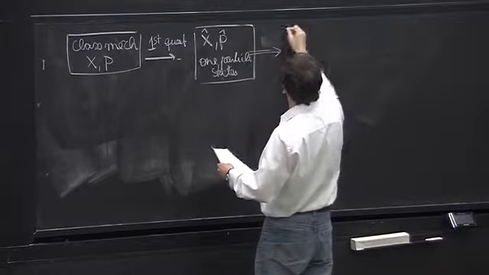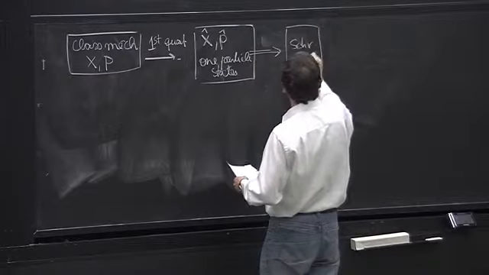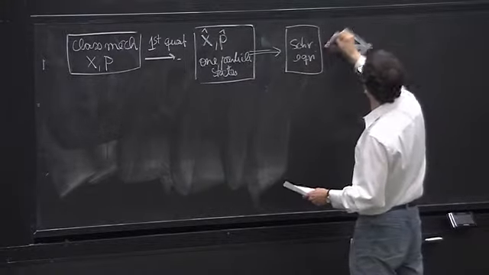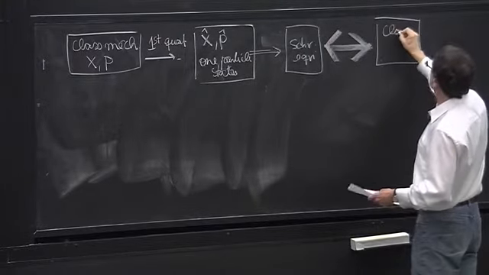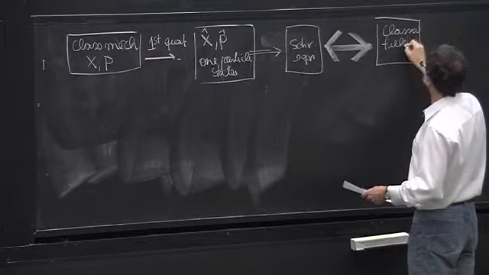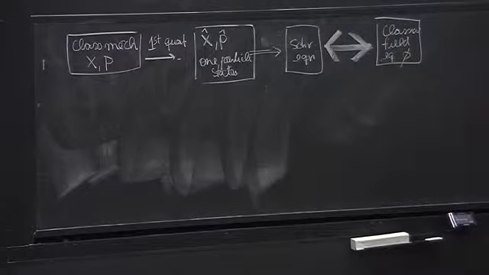So from here, I get the Schrödinger equation. And then you identify it with the classical field equation of a field, phi.